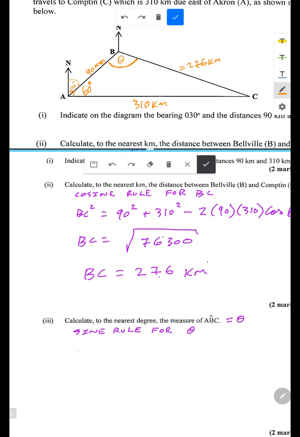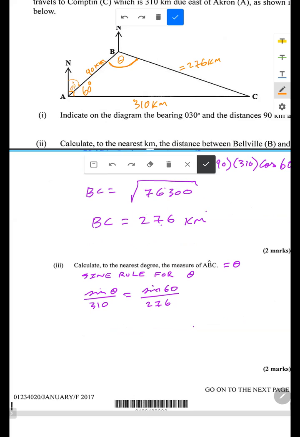So I'm going to say sine of the angle over the side opposite that angle, 310, equals sine of the angle that you know, which is 60 degrees, over the side opposite the 60 degrees, which is 276.